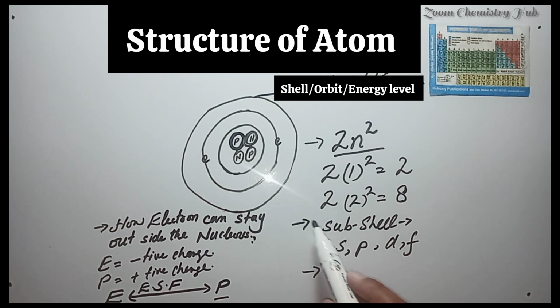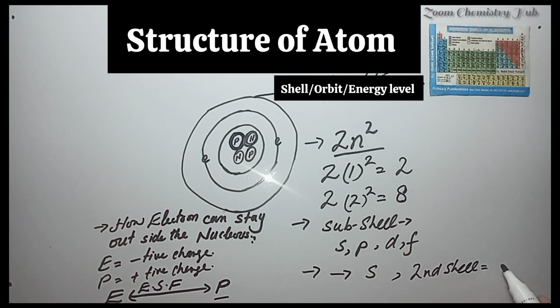For example, the first shell has only one subshell, that is S. The second shell contains 2 subshells, that is S and P. The third shell contains 3 subshells, that is S, P and D. And finally, the fourth shell has 4 subshells, that is S, P, D and F.